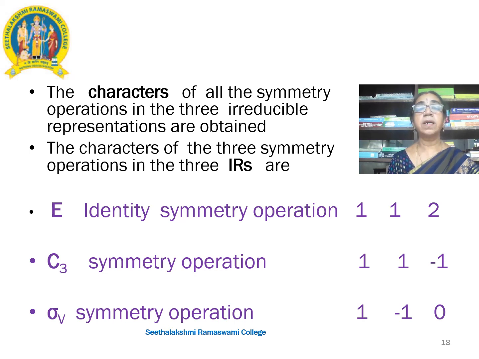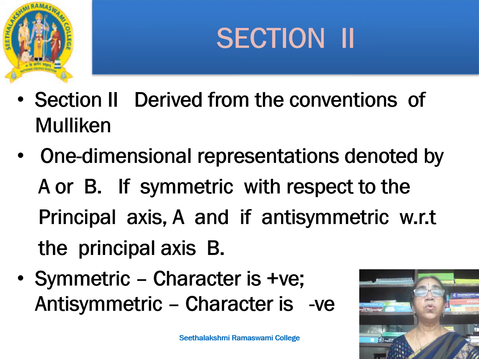The next step is section 2 is to be derived. Section 2 can be derived from the conventions of Mulliken. One-dimensional representations are denoted by the symbol A or B according to Mulliken. The symbol A is given if the representation is symmetric with respect to the principal axis.